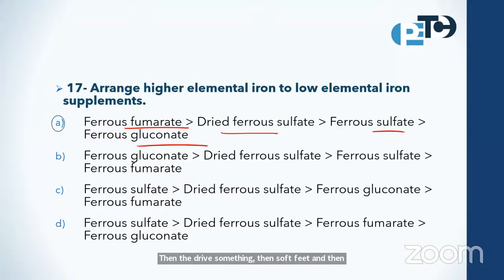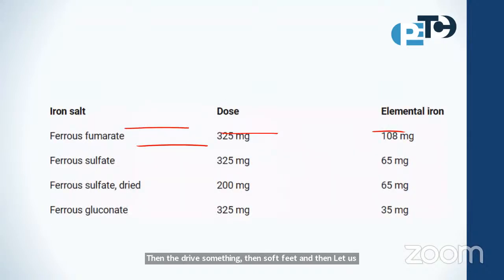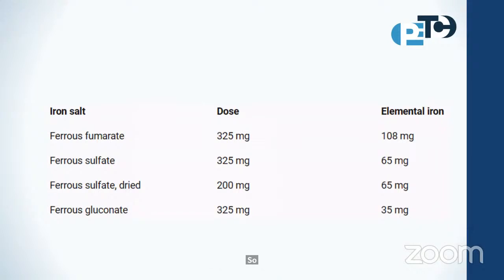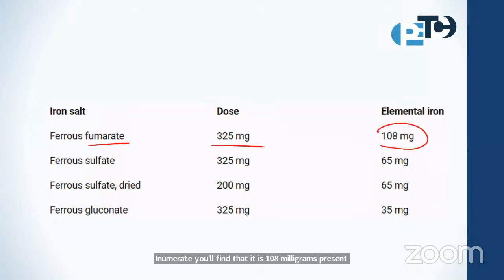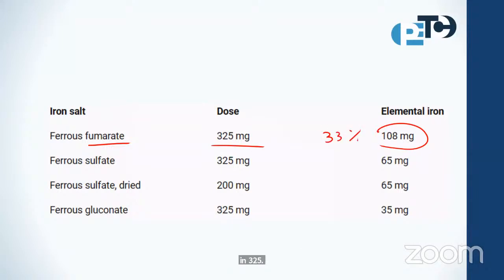Let us see the percentage, the amount of iron in each salt. In fumarate, you'll find that 108 milligrams are present in 325 milligrams. This means that it is about 33%.